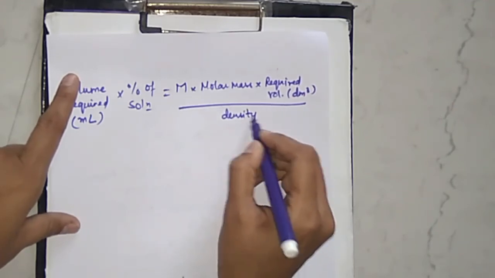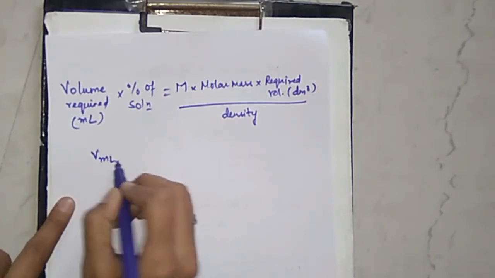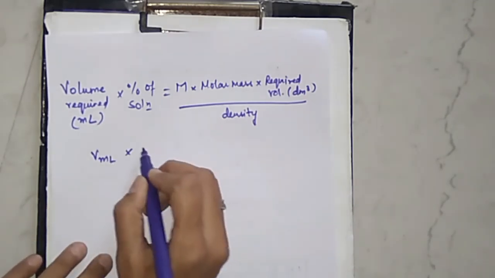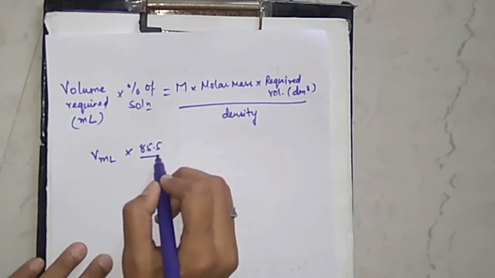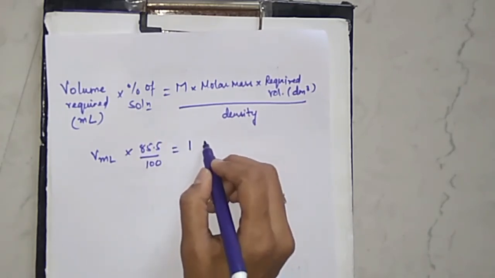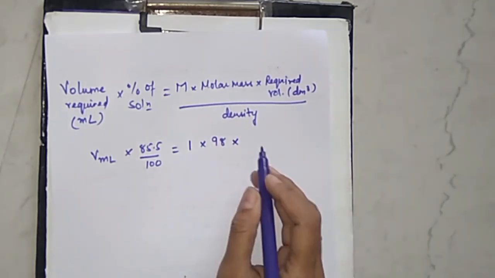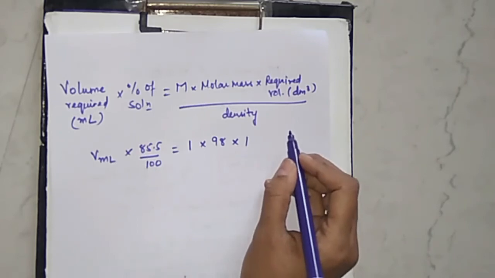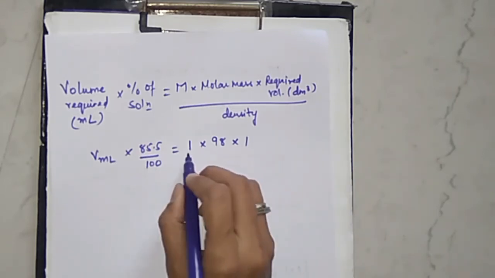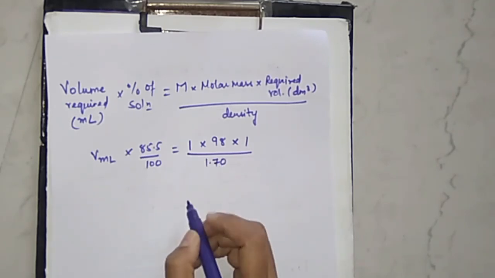So volume required in ml into 85.5 percent; the molarity we require is 1 molar; molar mass is 98; the required volume is 1 decimeter cube or 1000 ml, divided by 1.70, the density.